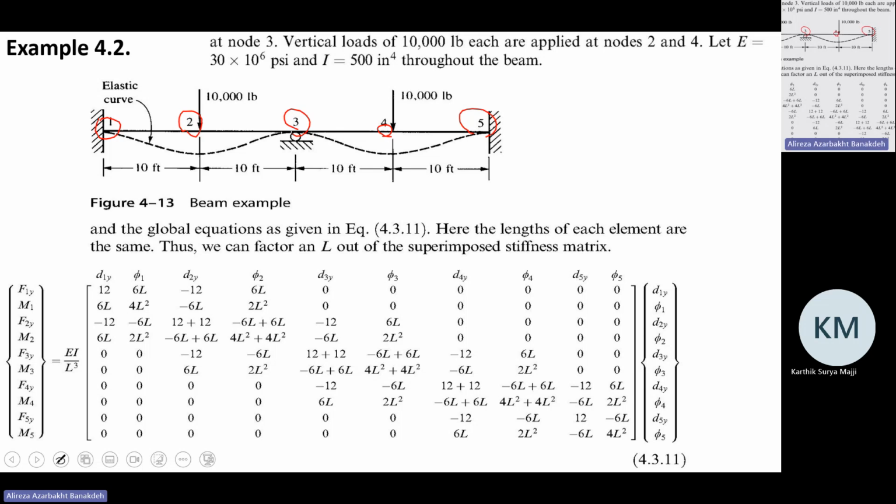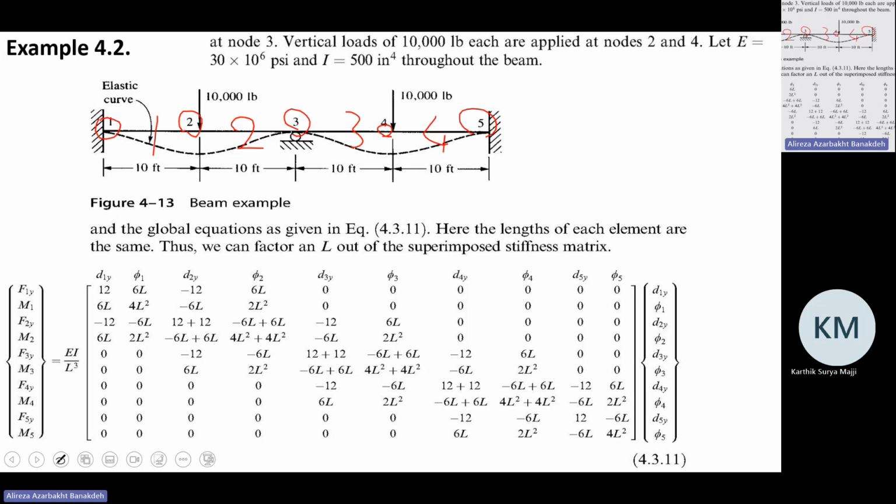For this purpose, we have 4 elements as well. So element number 1, number 2, number 3, number 4. Everything is identical for all the elements, because the element length, the second moment of inertia, the modulus of elasticity, everything is the same for all elements.